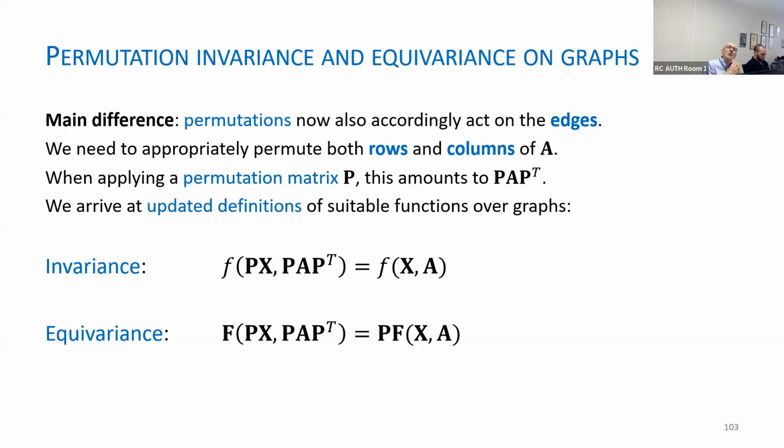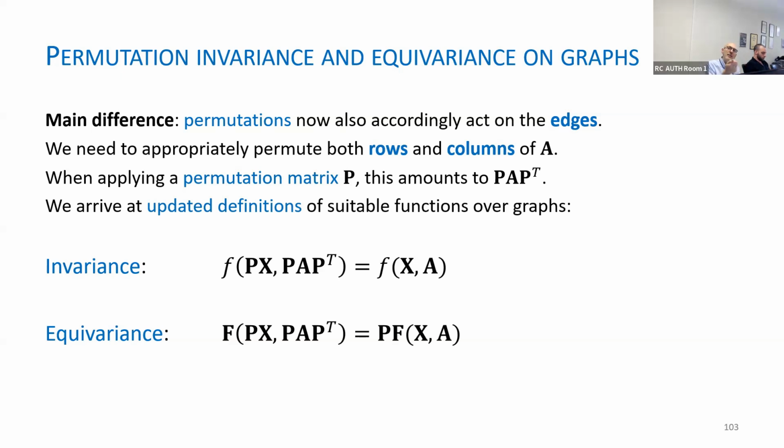And so what we would like to have for the two properties is that, for example, if we apply a permutation matrix P to the adjacency matrix, it is like applying PA multiplied by the transpose of P. For invariance, we want that if we apply this permutation matrix both to the set of points X and to the adjacency matrix, then the result doesn't change with respect to the result that we obtained with the original X and the original adjacency matrix.